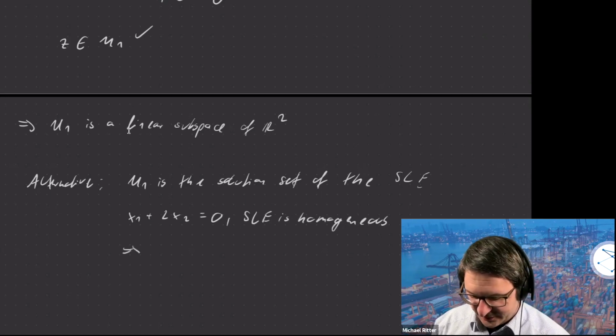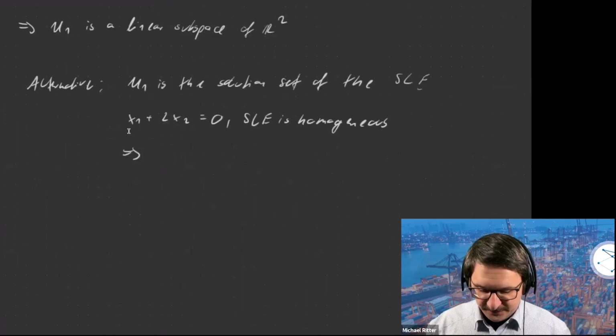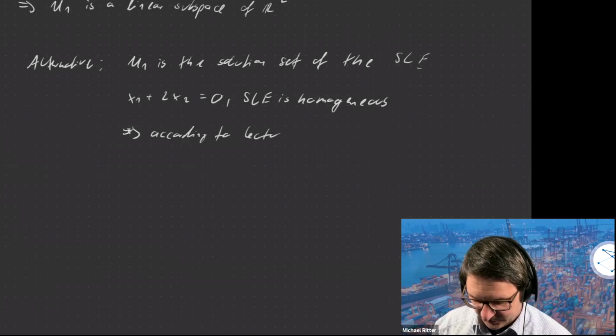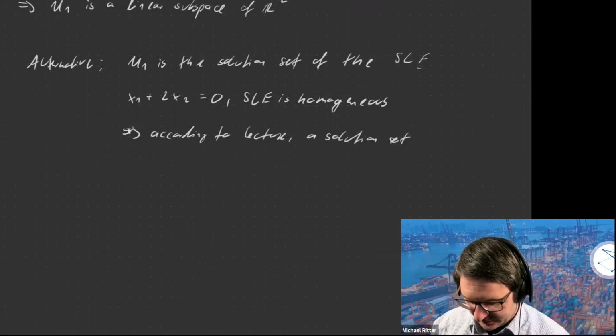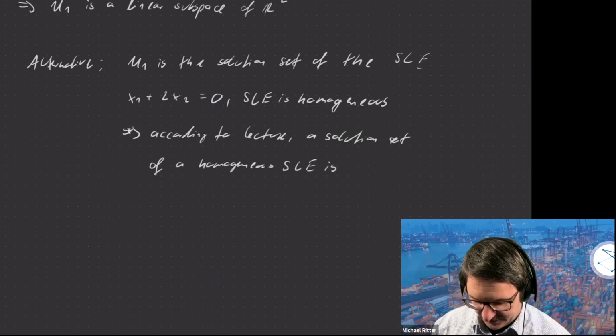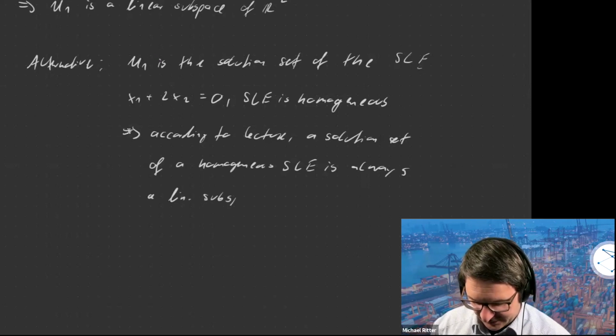If you've paid attention to the videos, you will know that the solution space of a homogeneous SLE is always a linear subspace of R to the n, where n is the number of variables. So in this case, R to the second power. So that means, according to the lecture, a solution set of a homogeneous SLE is always a linear subspace.